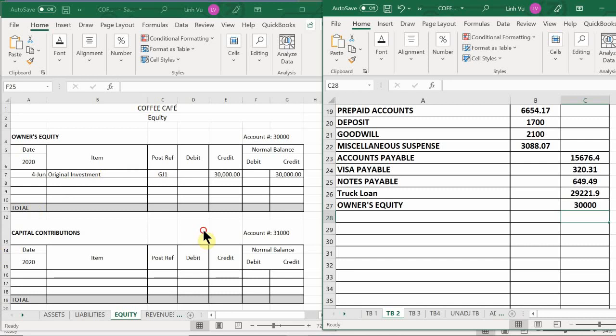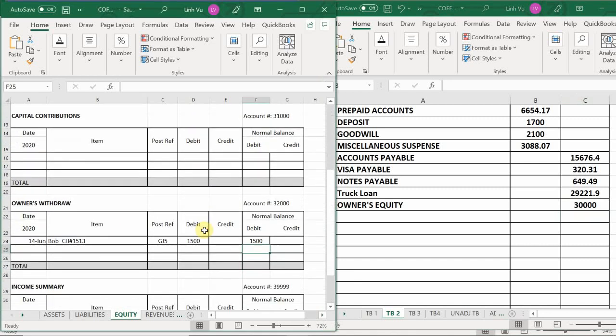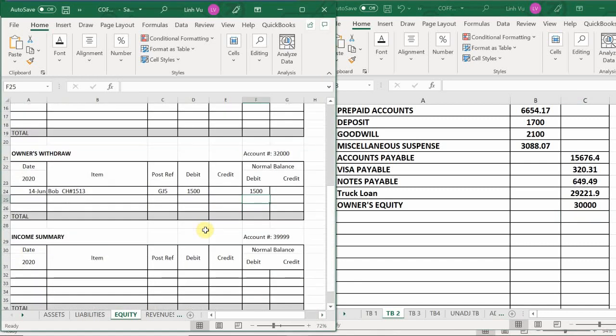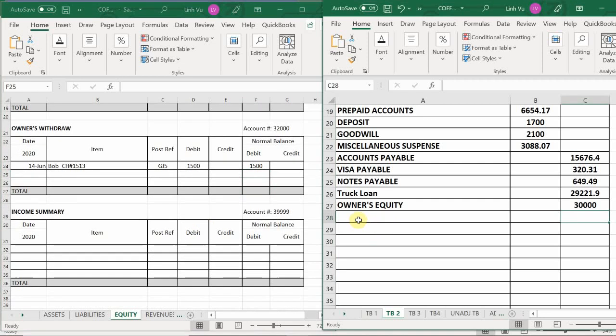Do we have anything else under equity? Yes, we do. Owner's withdrawal. Now, in this case, where is the owner's withdrawal? What side is it on? A debit. Debit of 1,500. All right, nothing else?